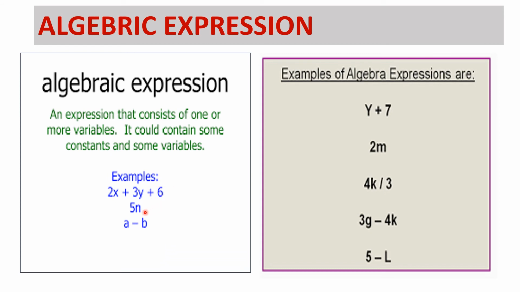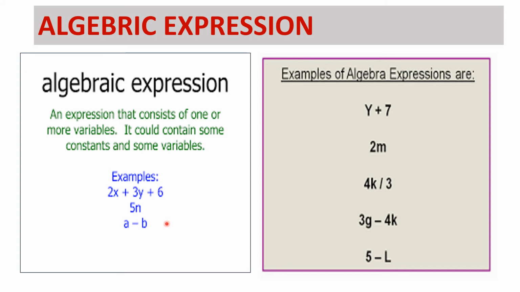Now it is said it could contain some constant and some variable. So it's not necessary that it will contain a constant. Here it is 5n. And here the example you can see a minus b, right?